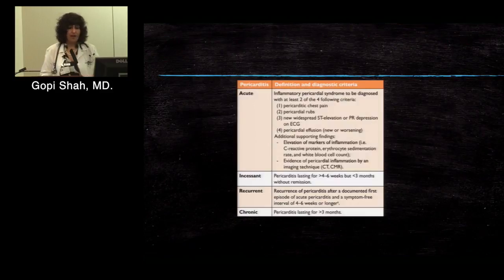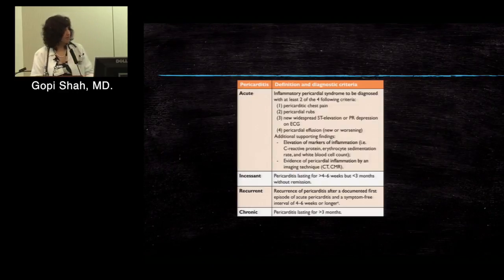In pericarditis also there is a role of echo. You need 2 out of the 4 criteria listed to make the diagnosis: symptoms, EKG changes, presence of new or worsening pericardial effusion, and pericardial rubs. Then you have the markers of inflammation that are listed.